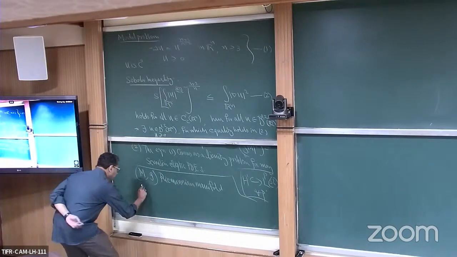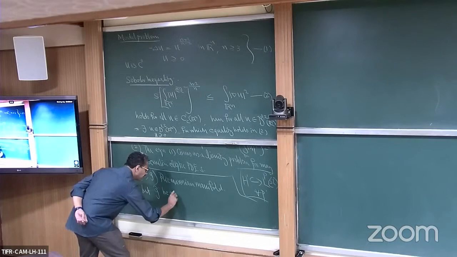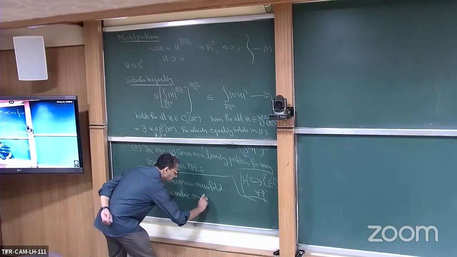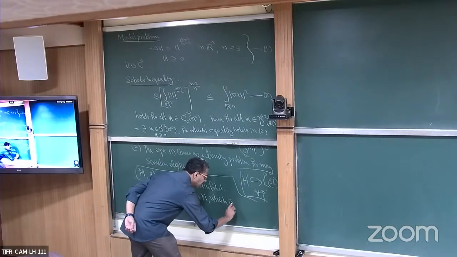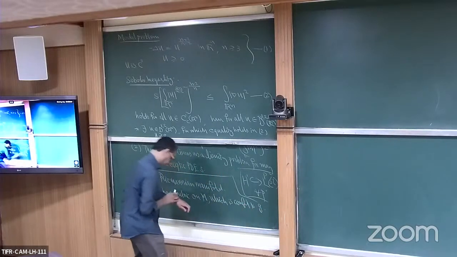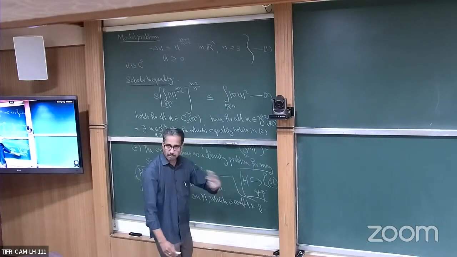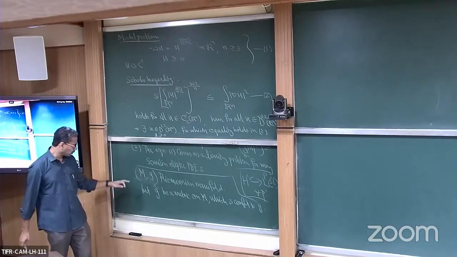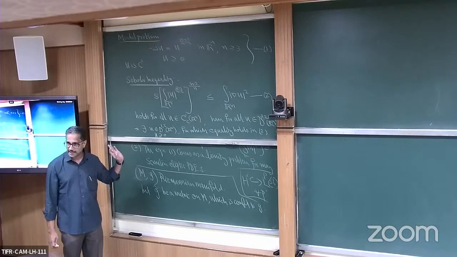So let G tilde be a metric on M which is conformal to G, pointwise conformal. That means it gives us the same angle.